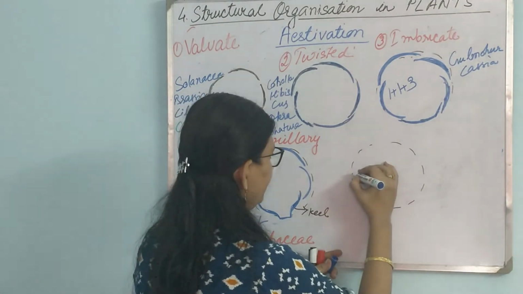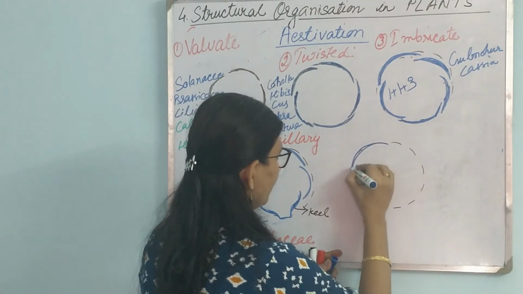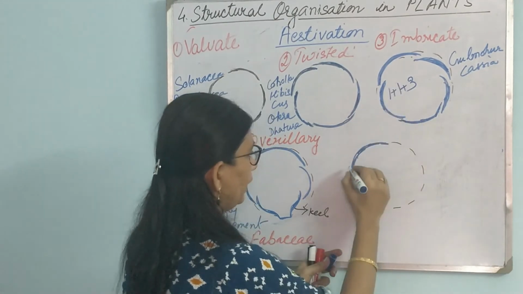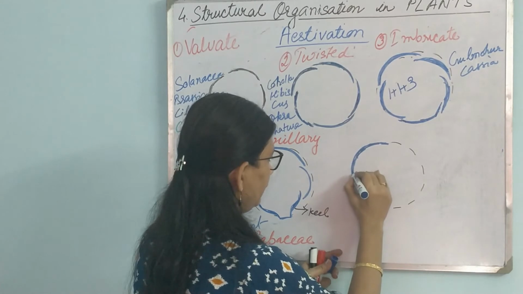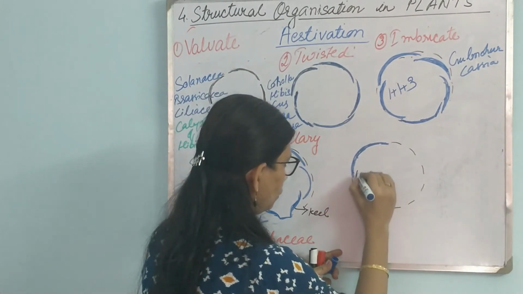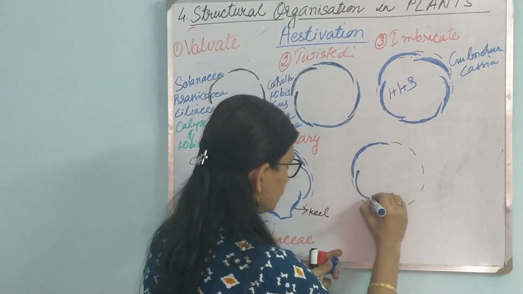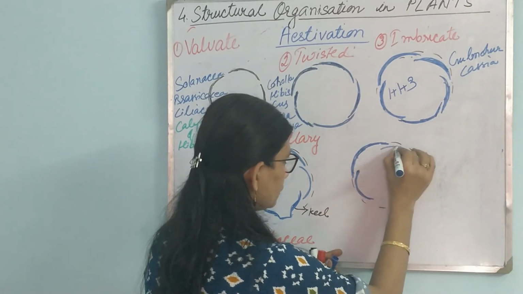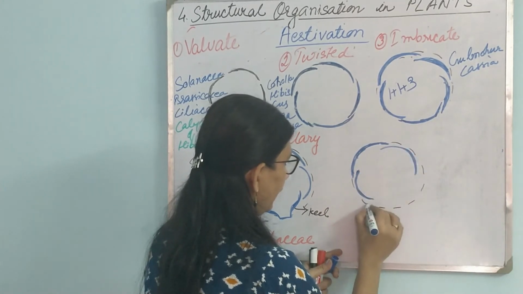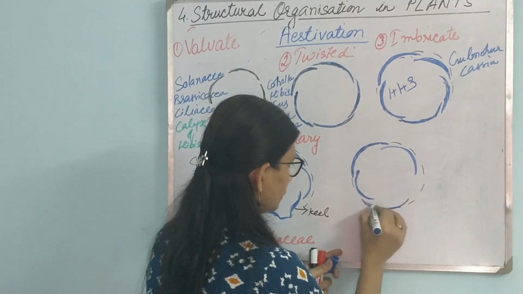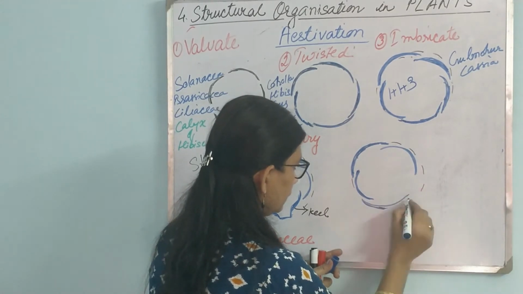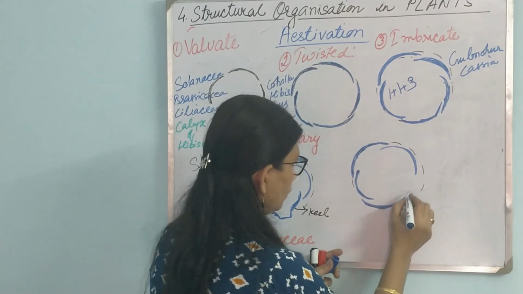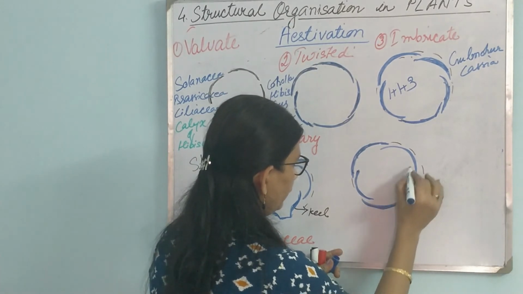Then the last type will be something like imbricate only. There we had one inside, one outside. Here there will be two inside and two outside, and one will be inside-outside.